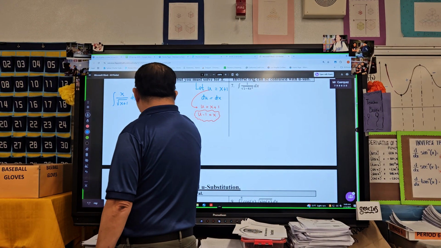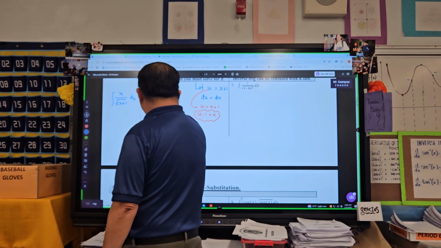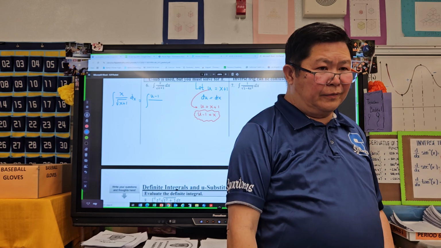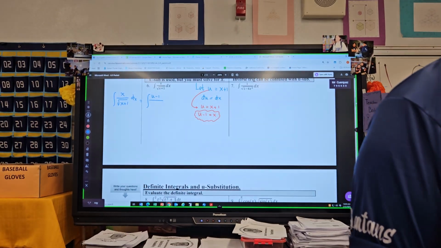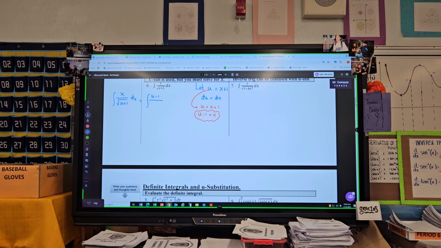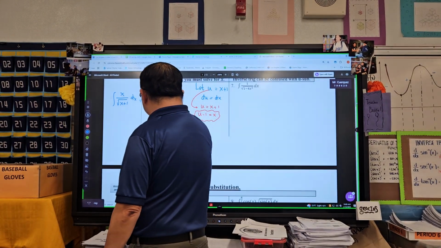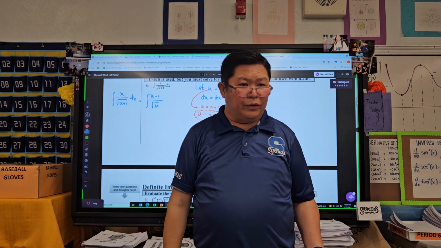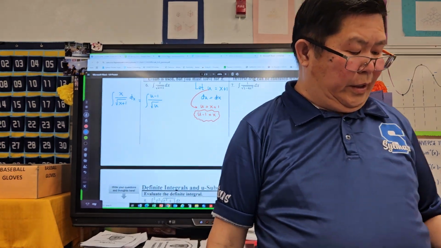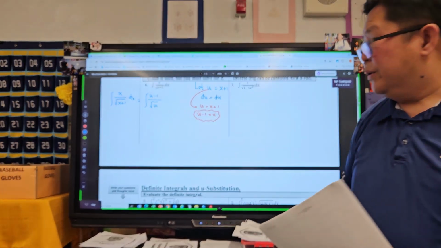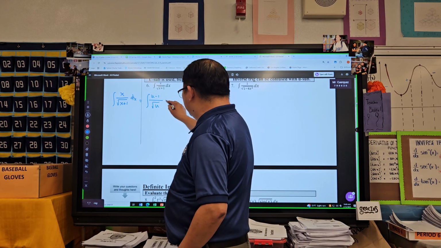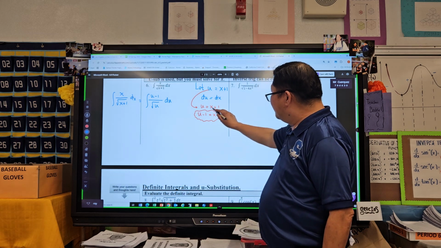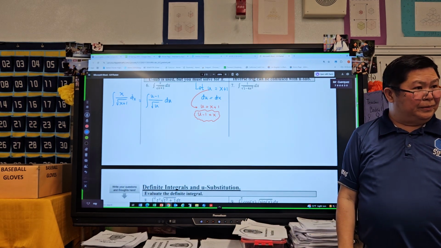So we write u minus 1 over, what is x plus 1 defined as? U. Therefore, it's going to be square root of u. Very good. So over square root of u. Question so far? What is dx equal to? That would be du, right? Du. Okay. Because dx is defined as du.